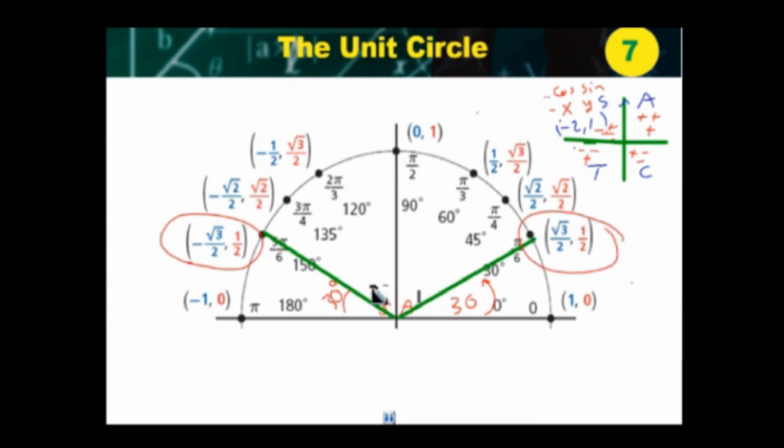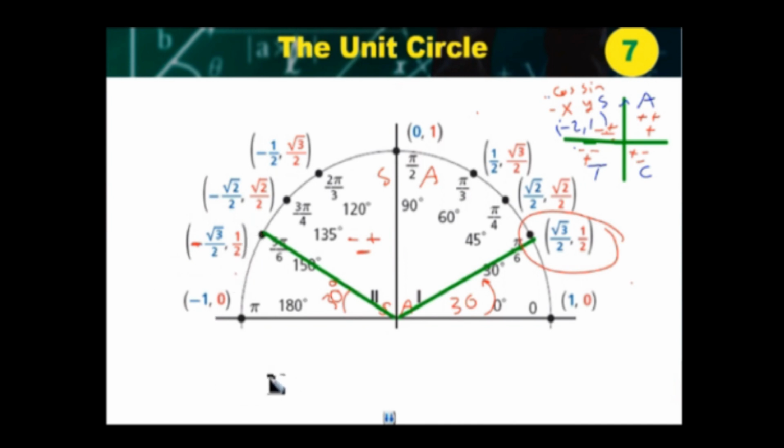Is it positive or is it negative? Well, this is easily decided if you know all student take calculus. The only thing that is positive in this quadrant is the S, which means the sine. So cosine has to be negative, sine has to be positive, tangent has to be negative. So I'm going to come here and then edit this. See this here? I just edited that. Same thing, but I edited. Is it positive or is it negative? And that's how you know. All right.